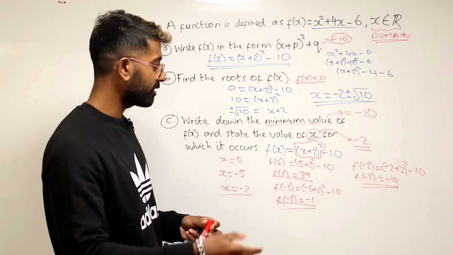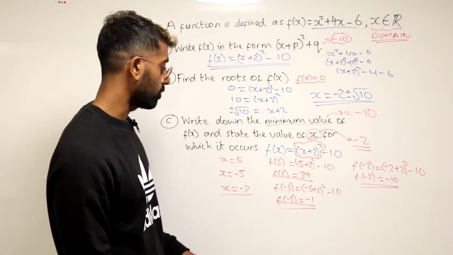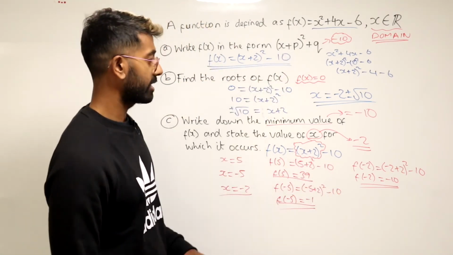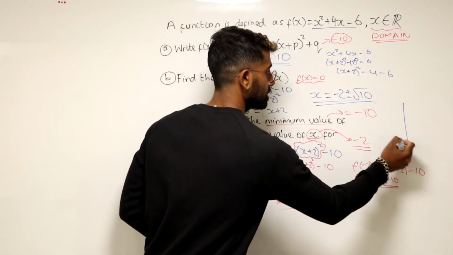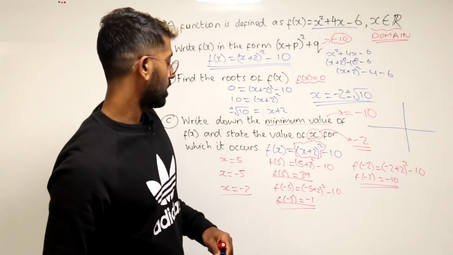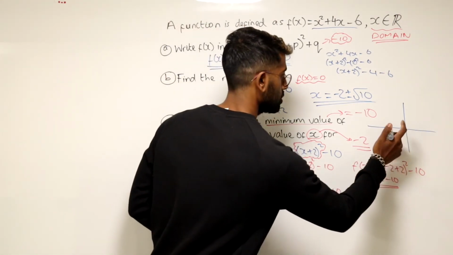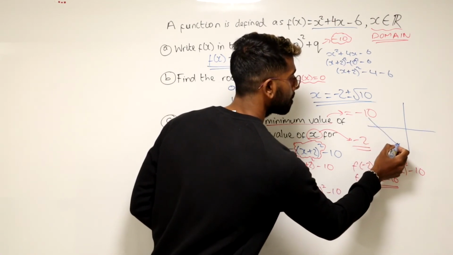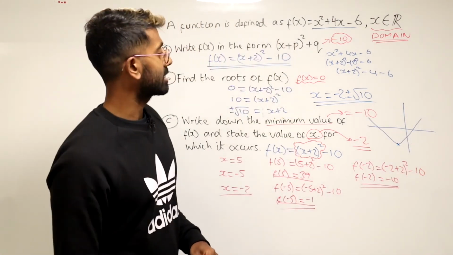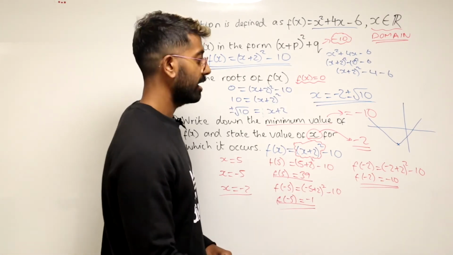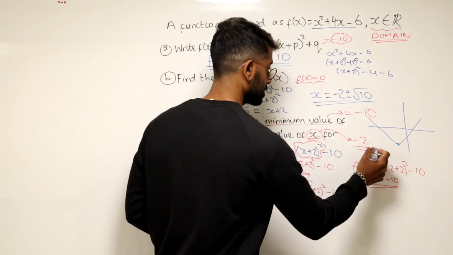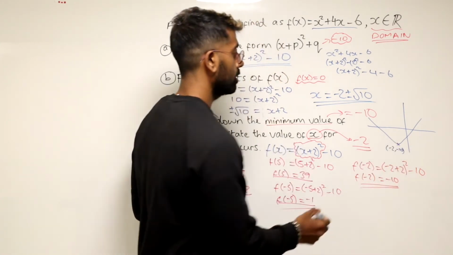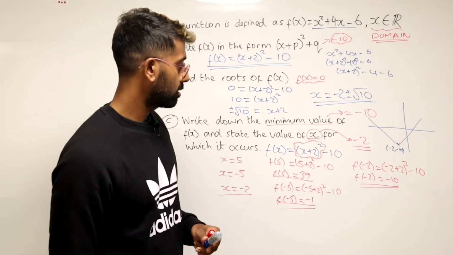Now, just going a little bit further along, actually, in terms of what you need to know, if you were to draw this graph, so that one over there, what you'll notice is it maybe looks something like this. Something like that over there. And if you have a look, the minimum point will actually be (-2, -10).